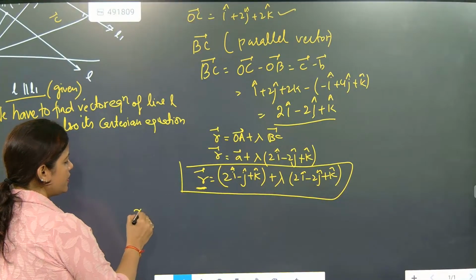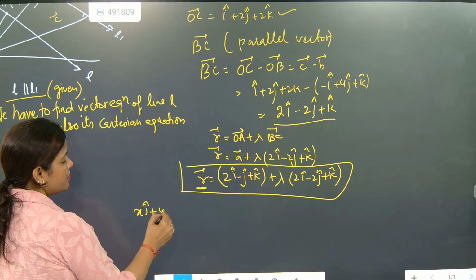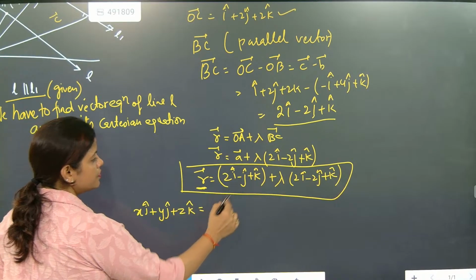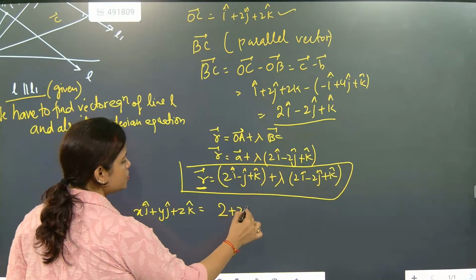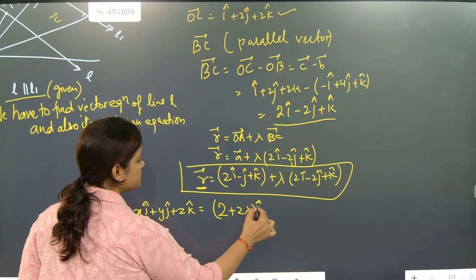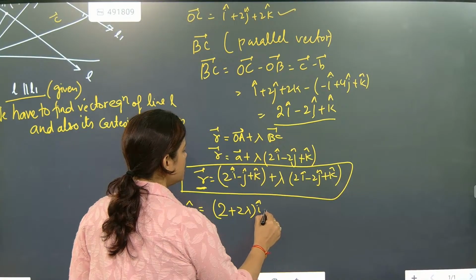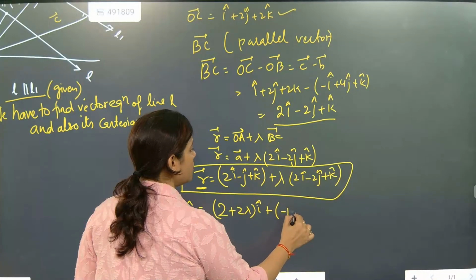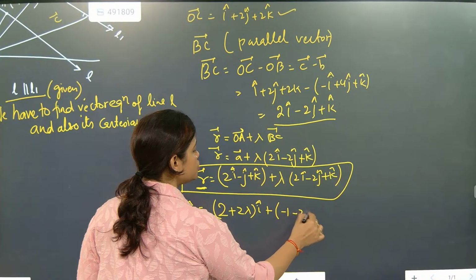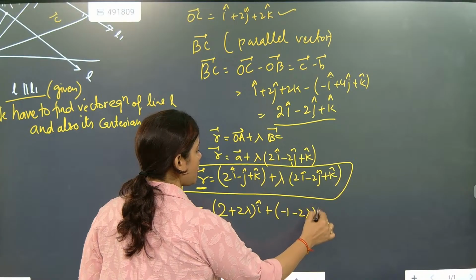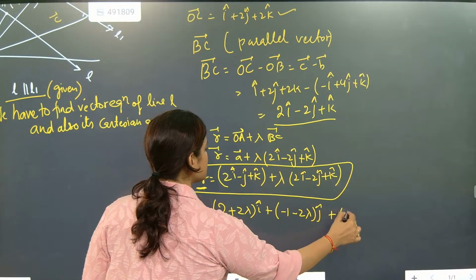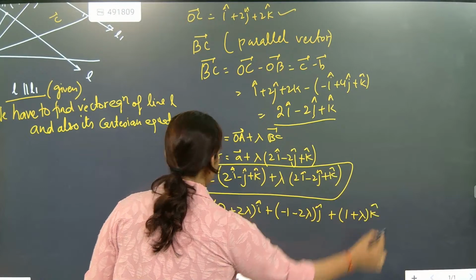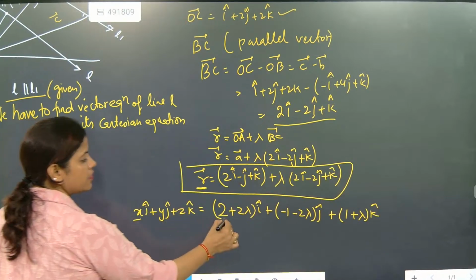So R vector will become xi plus yj plus zk is equal to (2 plus 2 lambda) i, then plus (minus 1 minus 2 lambda) j, and then plus (1 plus lambda) k.